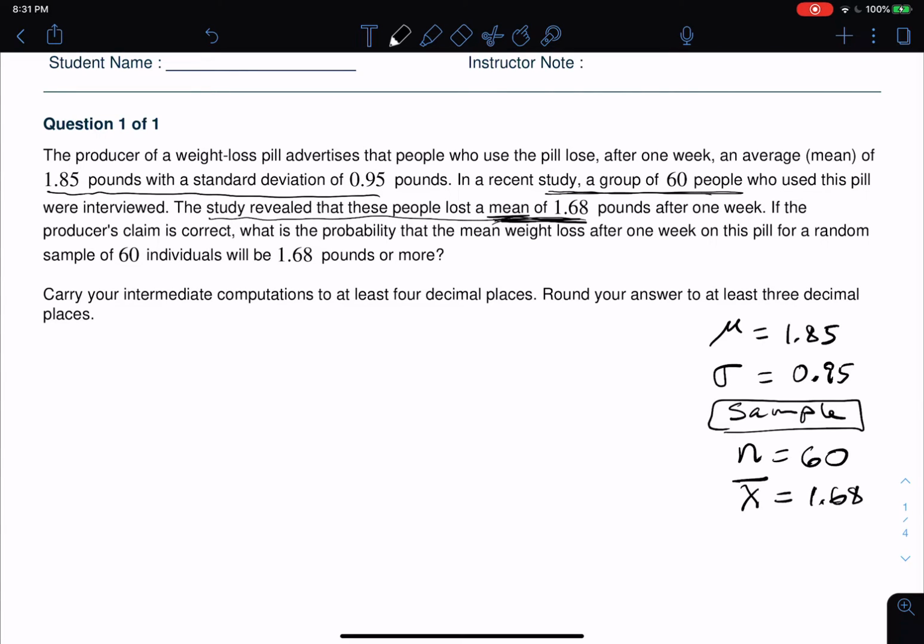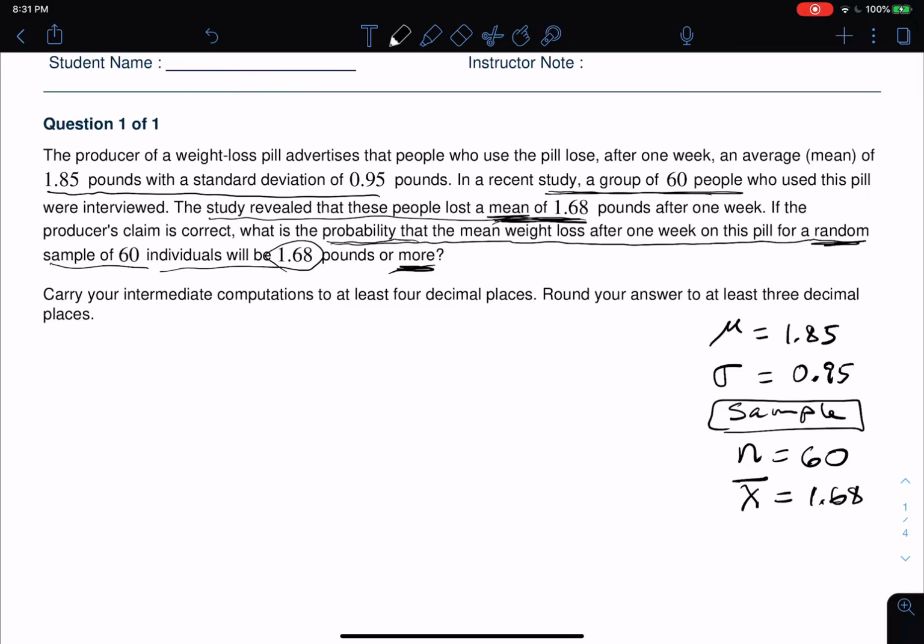after 1 week. If the producer's claim is correct, what is the probability? That's the area under the curve that we're looking for. What's the probability that the mean weight loss after 1 week on this pill for a random sample of 60 people will be 1.68 pounds or more?